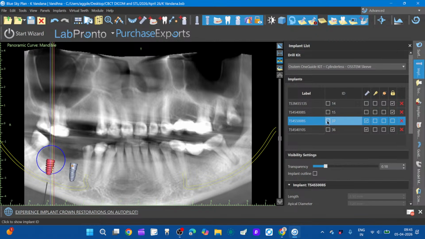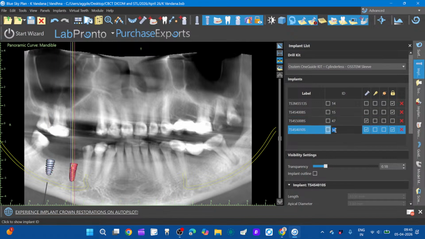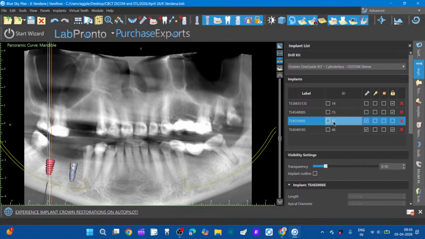So the size in the 47, it should be 47. You can change the 47 and this is 46. So the size in the 47 area is, what is the size here? 5 into 8.5.